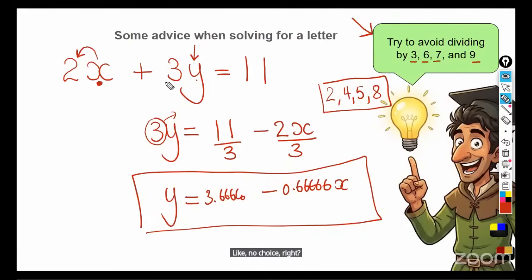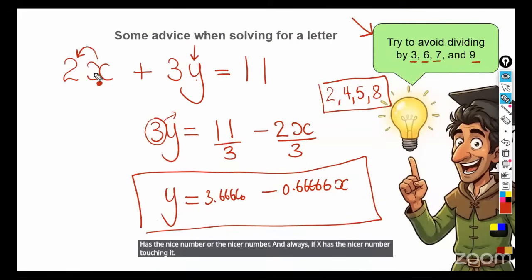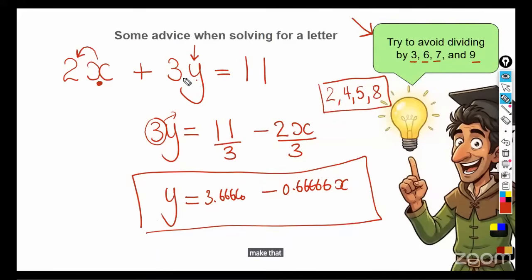So when you're given the X and Y questions today, ask yourself which letter has the nice number or the nicer number. And always, if X has the nicer number touching it, make that one the subject. If Y happens to have the nicer number, make that one the subject. If both of them have nice numbers, choose any one to make the subject.